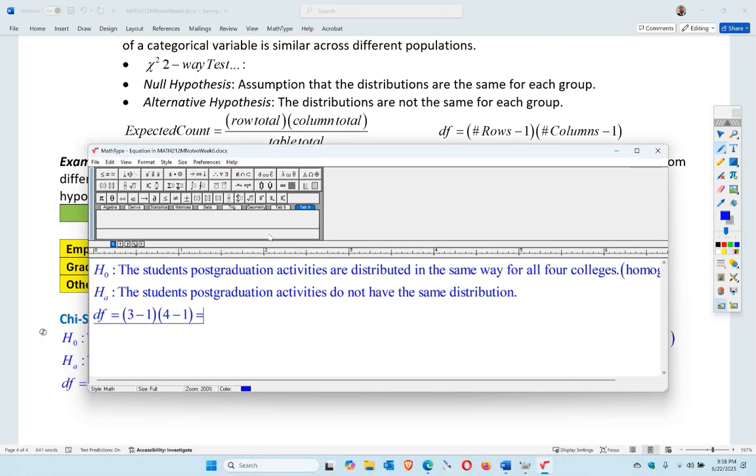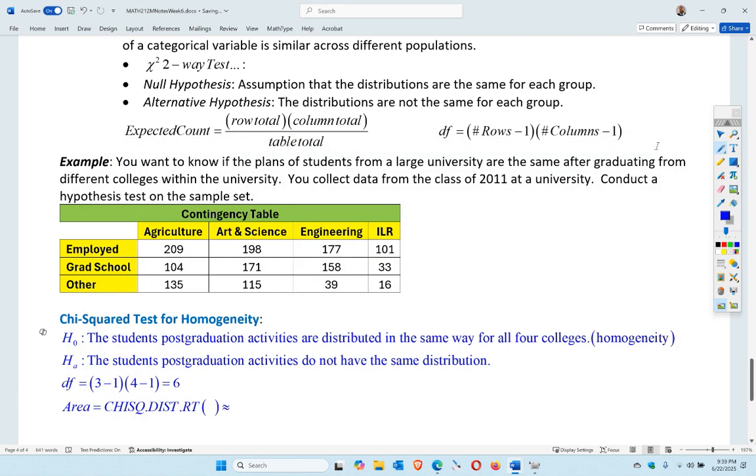So that's 2 and 3, 4, 6. So my area is going to be chi squared dot distribution dot rt. What you'll notice is the calculations are the same. It's the wording that's different, basically, and what you're concluding.